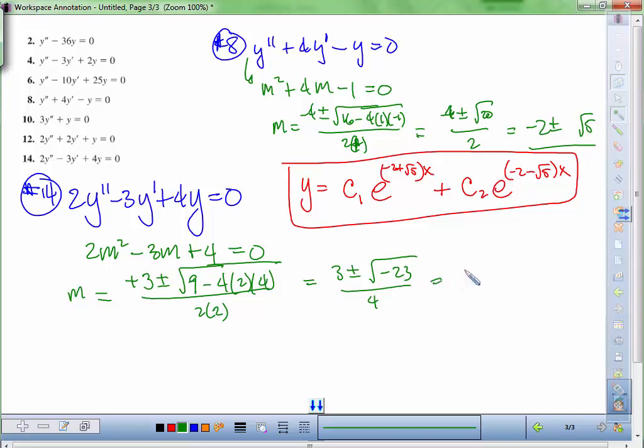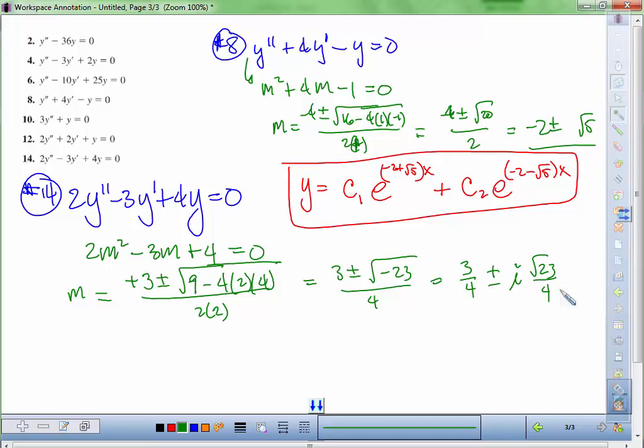So if we want to see the i pop out of here, you can split up the fraction and we get to see the complex number.